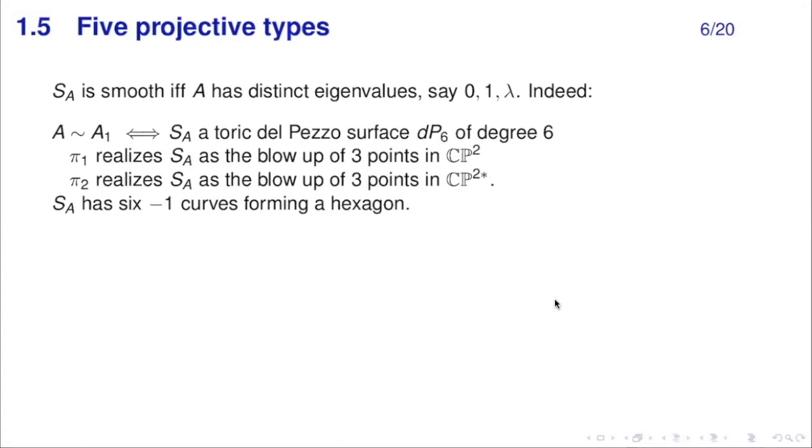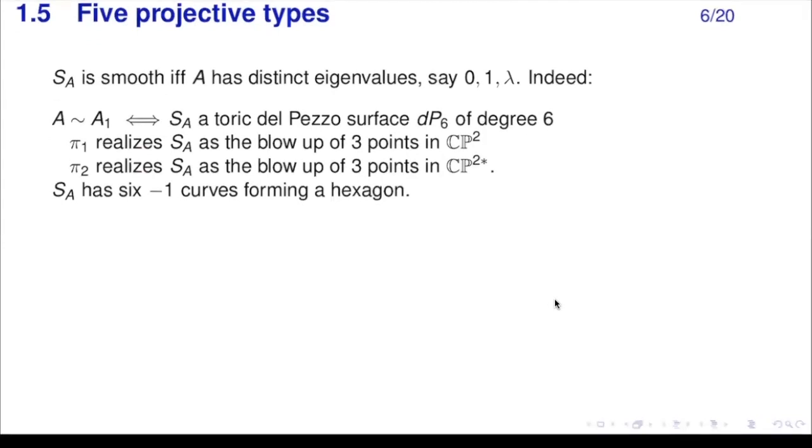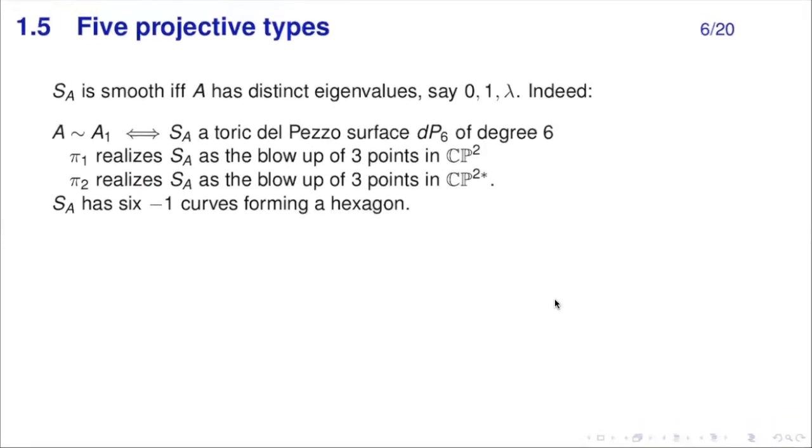And so what's going on here is that these smooth surfaces of type 1,1 come about by blowing up 3 points in P2 on the left and blowing up 3 points in P2 on the right. So you have these exceptional curves. I have these three. If I start on the left with the 3 points on the left, the points correspond to eigenvectors.